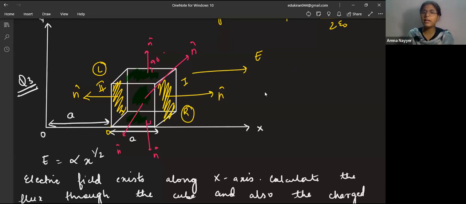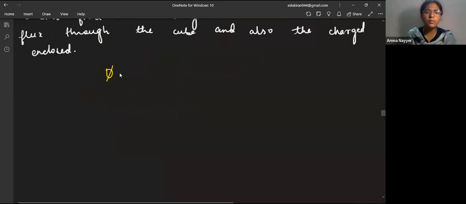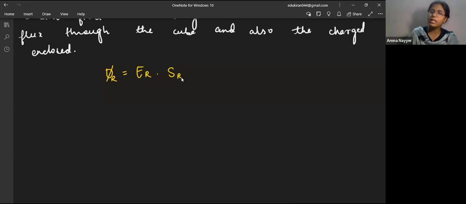So flux through the right will be electric field through the right multiplied by surface area of the right. What is the surface area of the right part? A square only. And where is the area vector pointing? I cap.